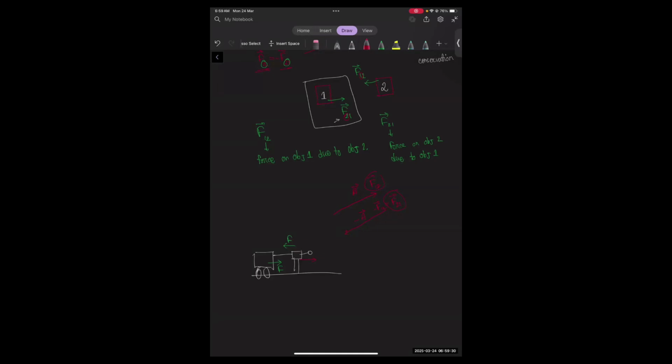What's wrong here is how you define your system. If we take the horse as our system, the only force acting on the horse is this. Actually, there will have to be another force, a friction force due to the ground, so that the horse can move forward. If this was the only force, the horse would just move backward.